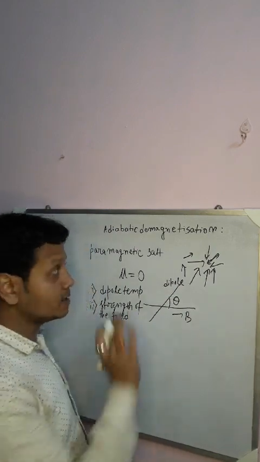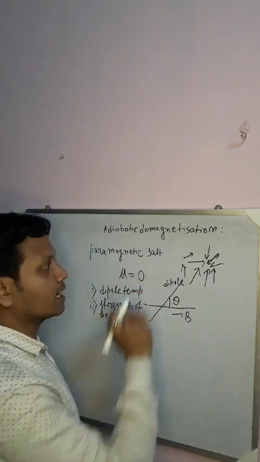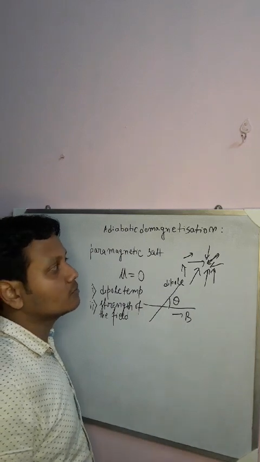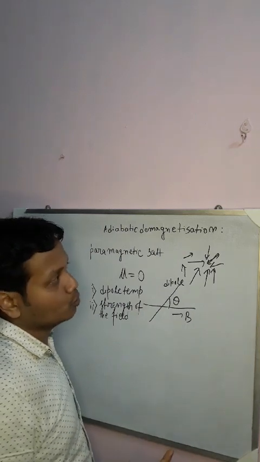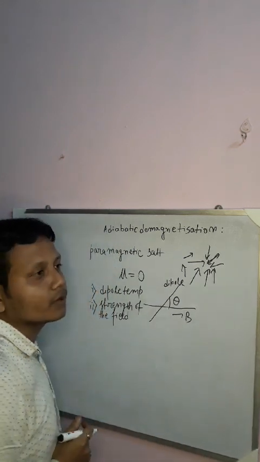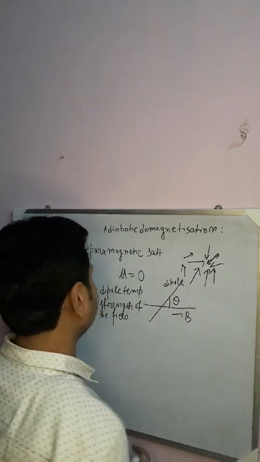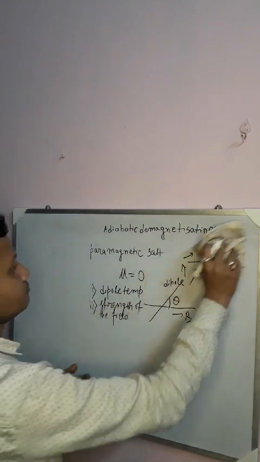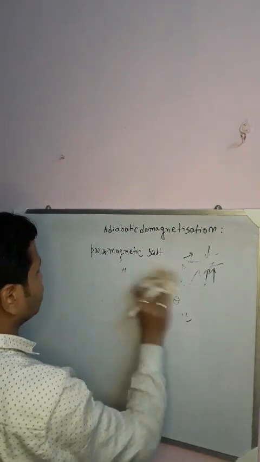So this work can only be done at the expense of the own internal energy of the dipoles. As a result, internal energy decreases and the temperature of the dipoles decreases. So this is the basic principle.